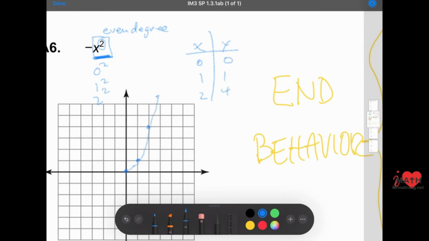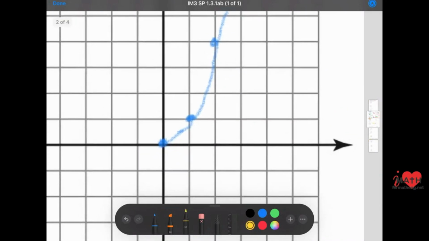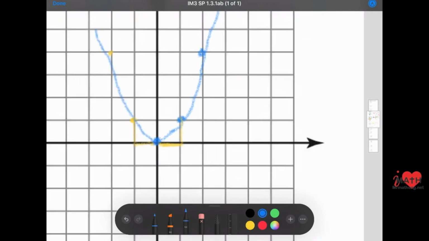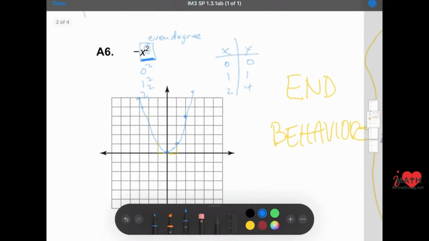So this is what our graph looks like. And it's symmetrical on this side, which just means instead of going right and then up, you're going left 1, up 1. So these would be the symmetrical points. Now, here's the bad news. The bad news is you have this negative sign. What does this negative sign do?